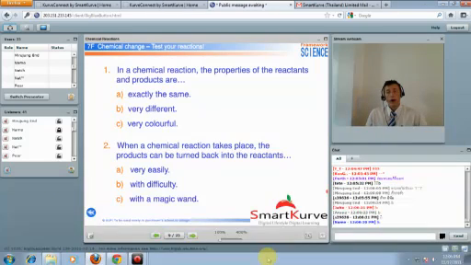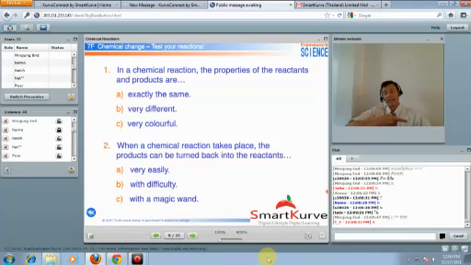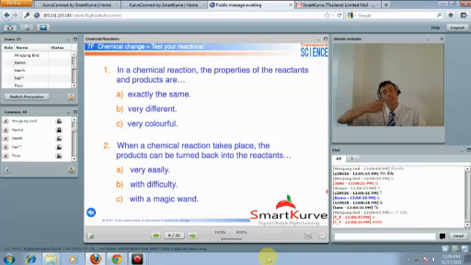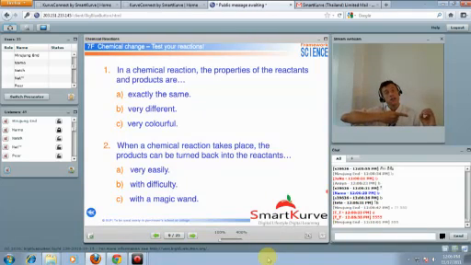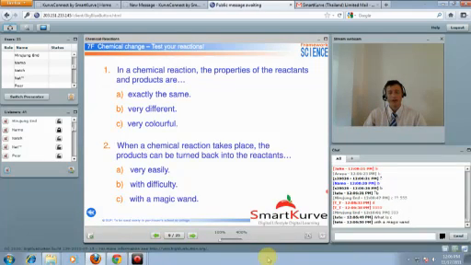Now remember, when we have a physical change, like water freezing into ice, that can be changed very easily. Ice melts into water. But a chemical change where oxygen and iron bond to form rust, it's very difficult to go the other way. When a bond is formed, it's often very difficult to break that bond with a magic wand. That's the joke answer.